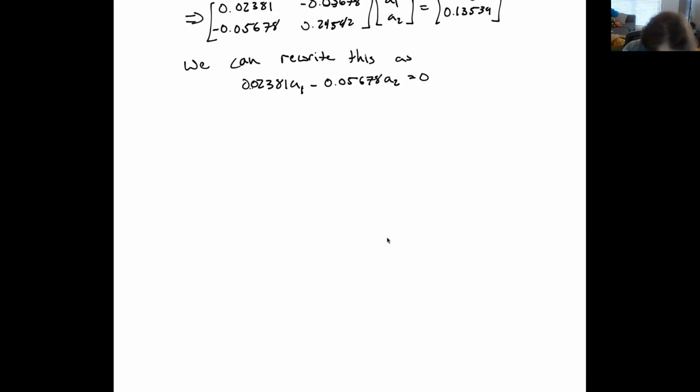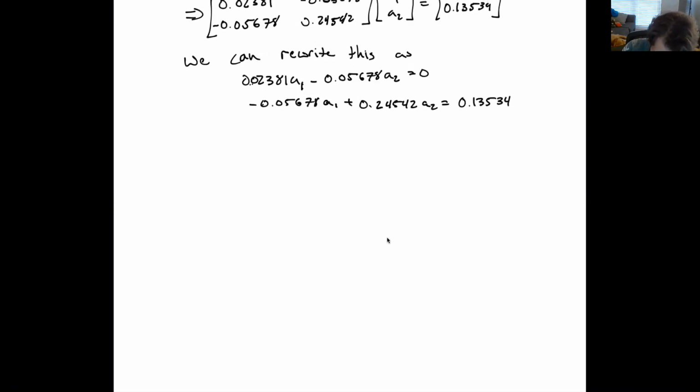And the second equation will be 0.05678 times A1 plus 0.24542 times A2 is equal to the second element of D, which is 0.13534.